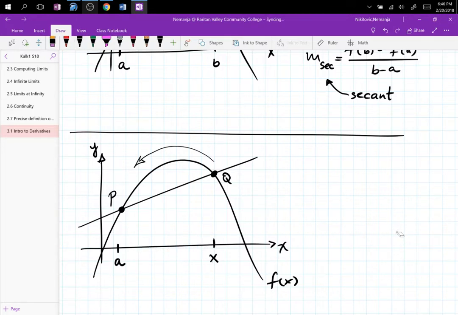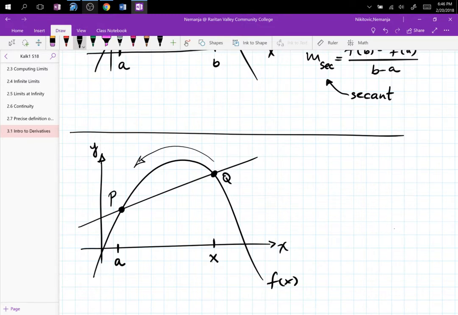It has to be a variable now, because it's changing. That's the definition of a variable. It changes. So point P is a fixed point, so I can use A because it's fixed. But point Q is the one that's going to move, and its x coordinate is going to become a variable now. So I'm calling it x.